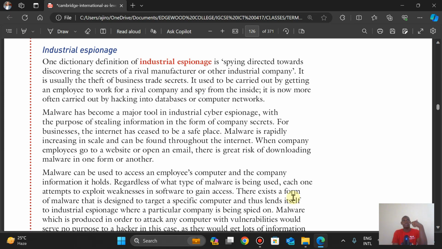There are people who work with other companies, and what they do is steal information about their rival's company. They install software on them, and then they resign, and you wouldn't have known what happened. Malware can be used to access an employee's computer and the information it holds.